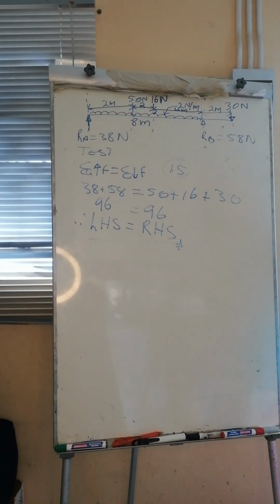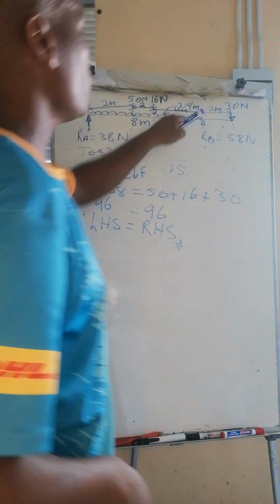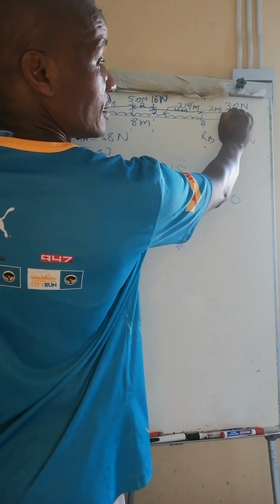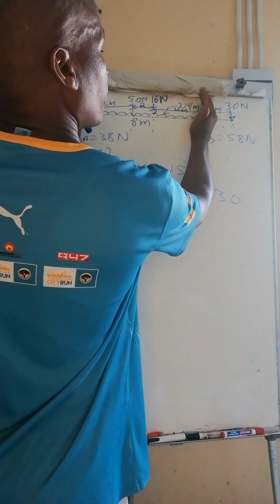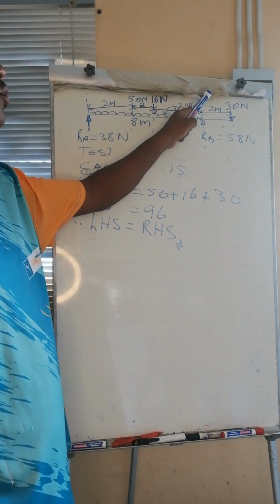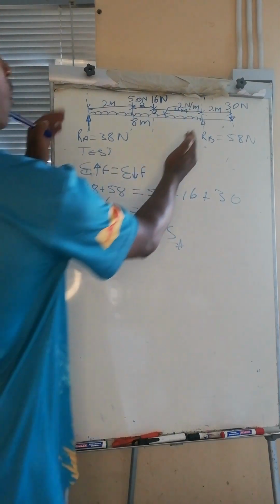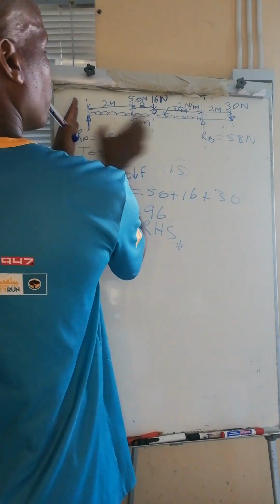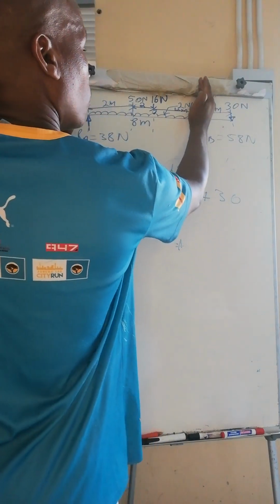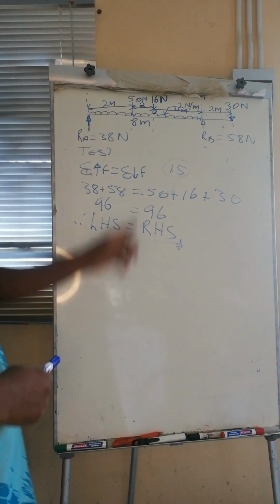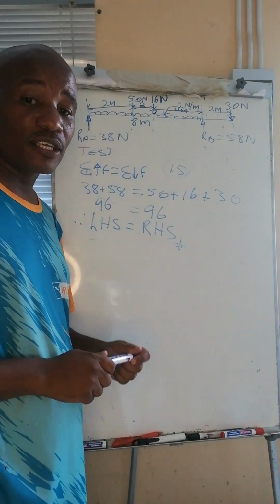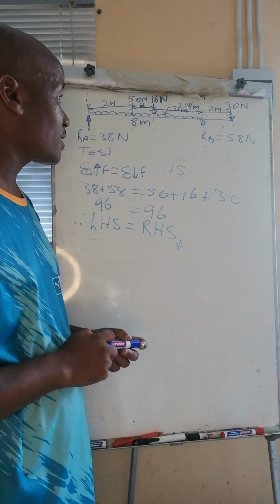A uniformly distributed load is a load applied over the whole or only a certain part of the beam. In this case, this uniformly distributed load of 2 Newton per meter is applied over a section of the beam of 8 meters. From a beam of 10, it is applied over a distance of 8 meters. And it should act at the center.